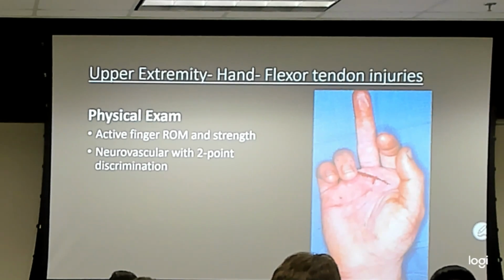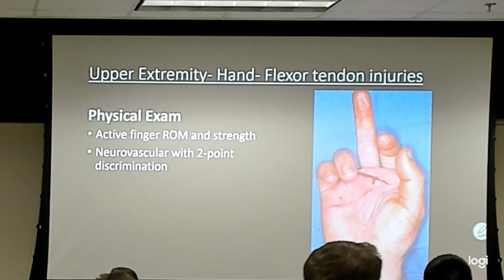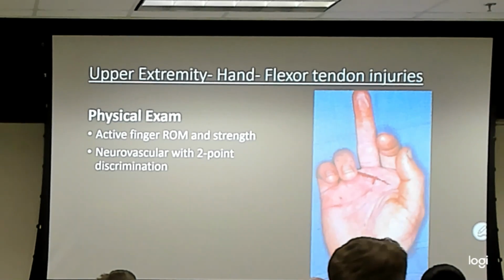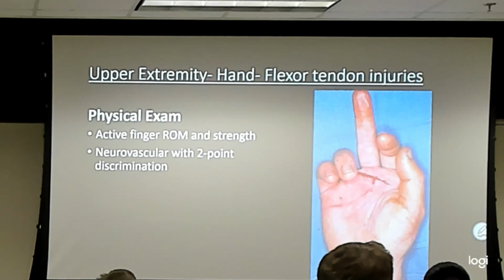Neurovascular with two-point discrimination. I've said that a lot. Don't worry, there's a tool for that. It looks kind of like a star. You can do it with a paper clip, which might have been how you were taught. You bend a paper clip and put the two ends down, but you have to measure them though. There's actually a tool that the hand surgeon runs around with.